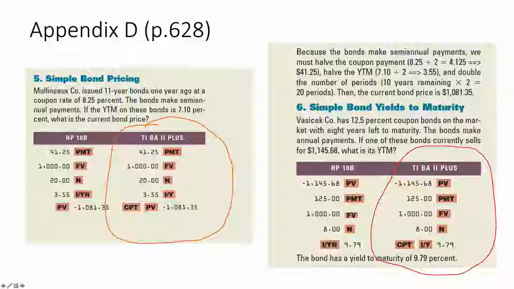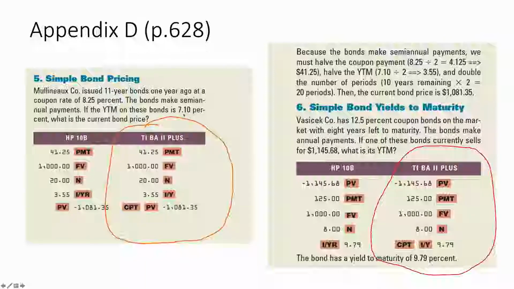Now, the coupon payment is 82.5 per year. Since we're talking about 6 months, divided by 2, you get 41.25 as your payment. Future value is 1,000, given. And the yield to maturity, currently the market rate, is 7.1%.